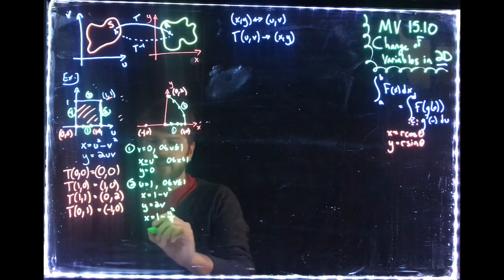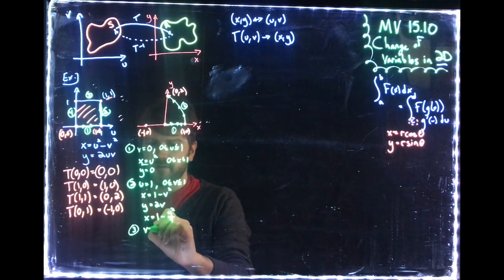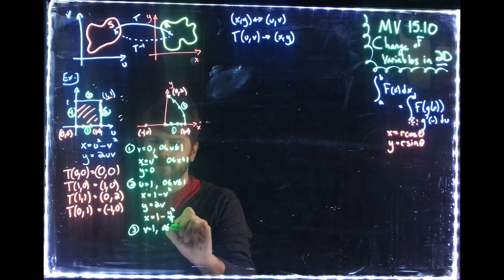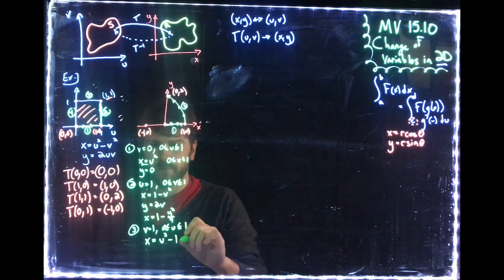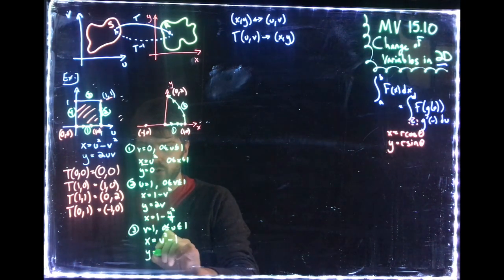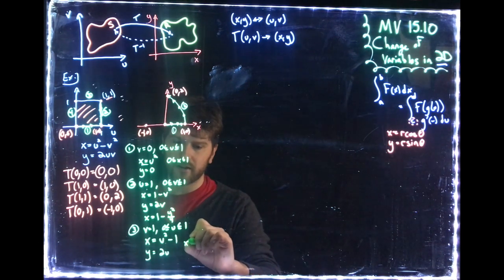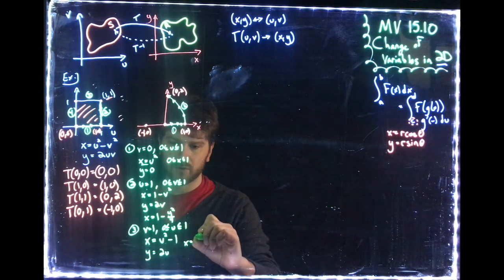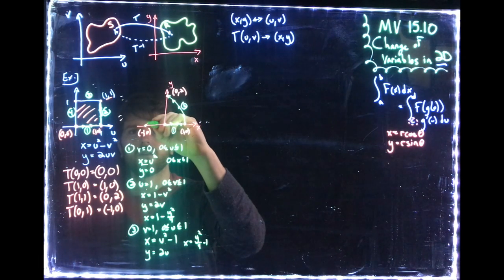Side 3, you might suggest from symmetry, is going to be similar, and you'd be correct. This is going to be v equals 1 for u between 0 and 1. You end up with x equals u squared minus 1, and y equals 2u this time. If I put those together, I get x equals y squared over 4 minus 1, which is just the negative of this.